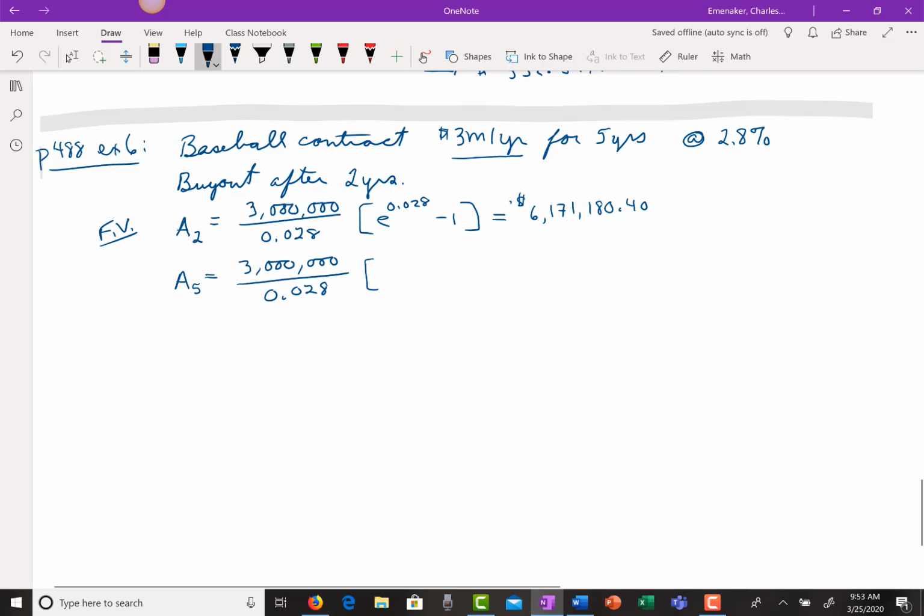So this is going to be e to the 0.028 times 2, and this is going to be e to the 0.028 times 5, the total 5-year value. With this 2, this is what the first 2 years of the contract are worth. With the 5, this is what the total contract is worth.